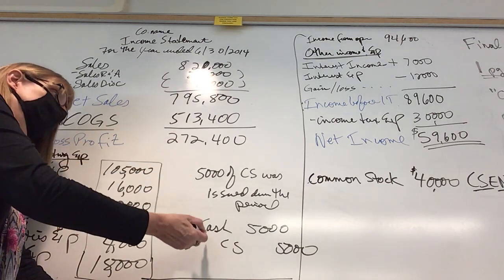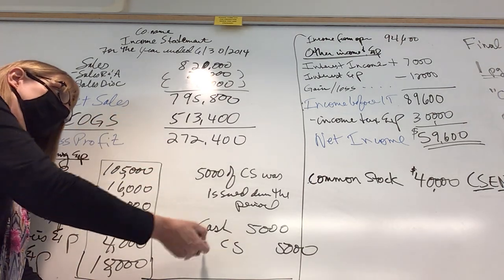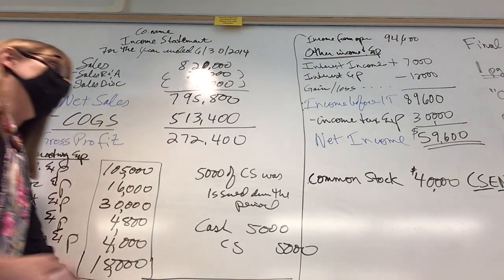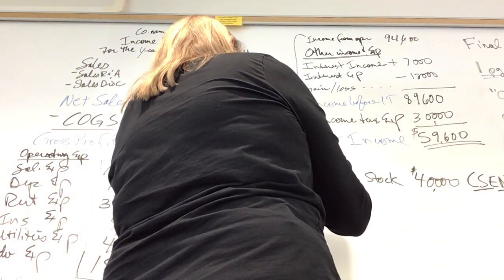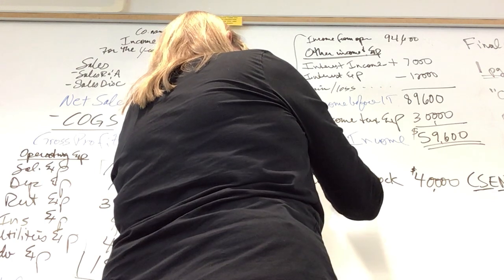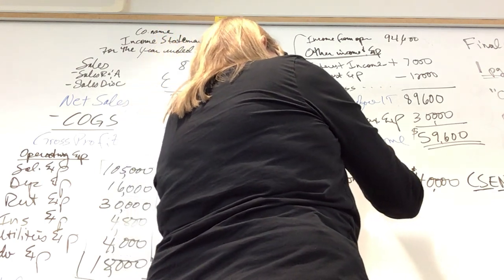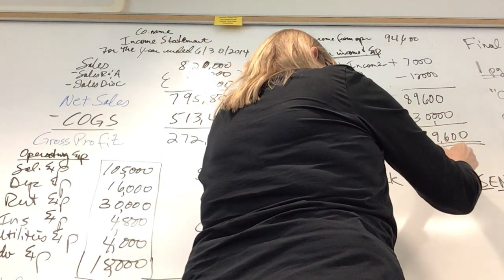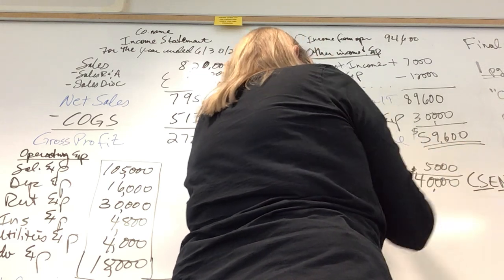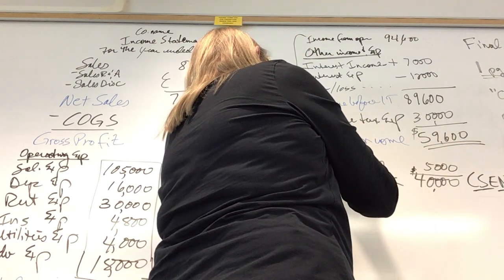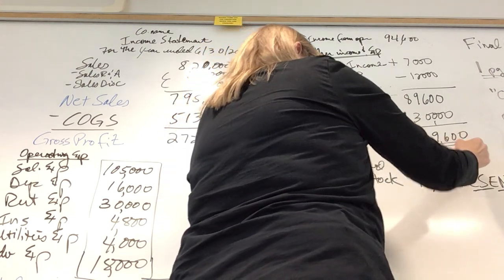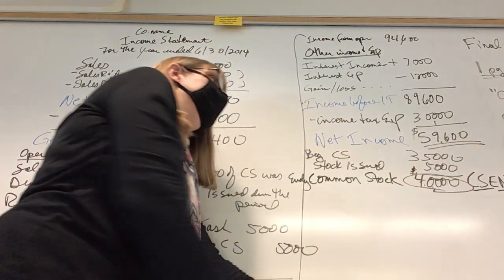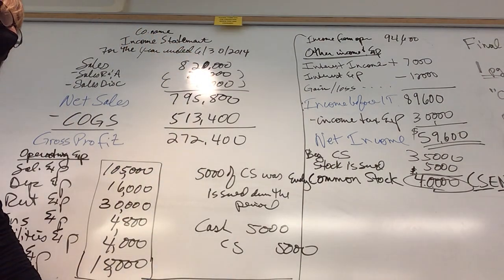So what you're going to do then is say this is the ending number. Then you're going to put stock issued, 5,000, because that's what the problem said. And then the beginning common stock must have been 35,000. So you're going to work backwards. This is the number on the list. This is the CSEN, ending number.